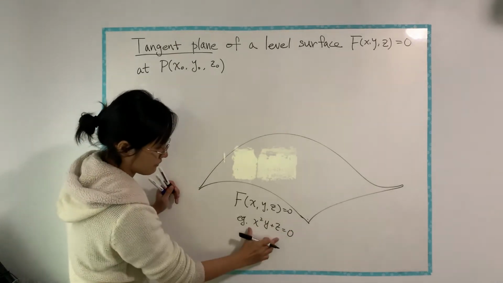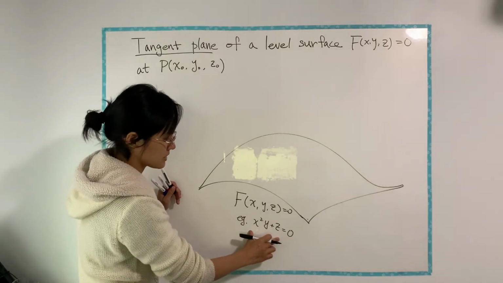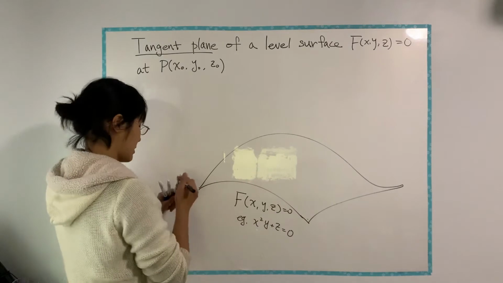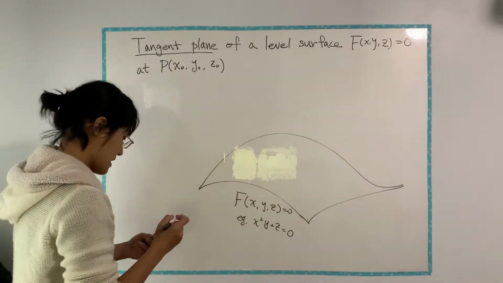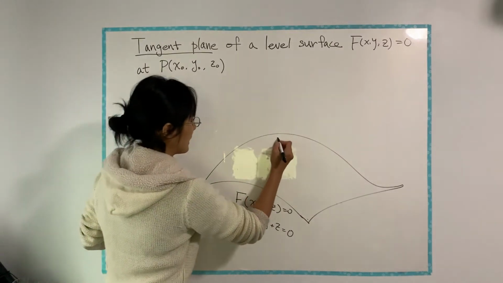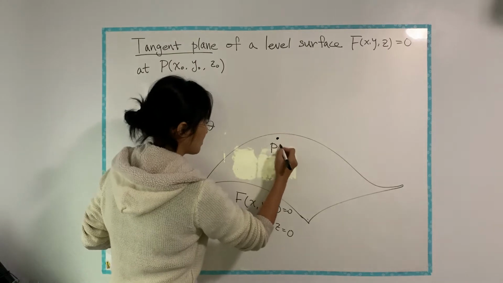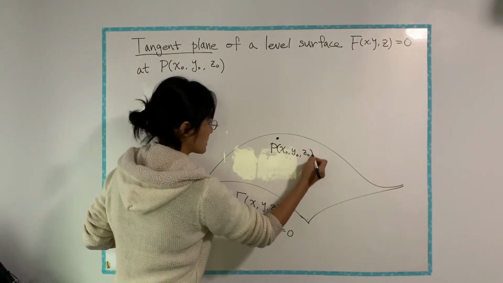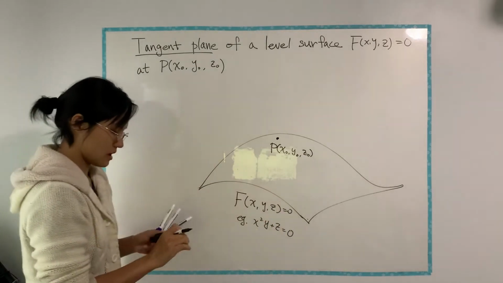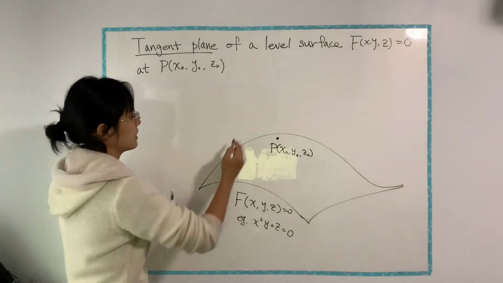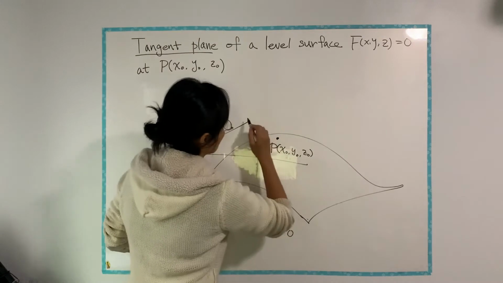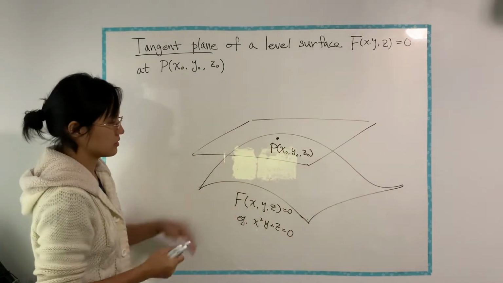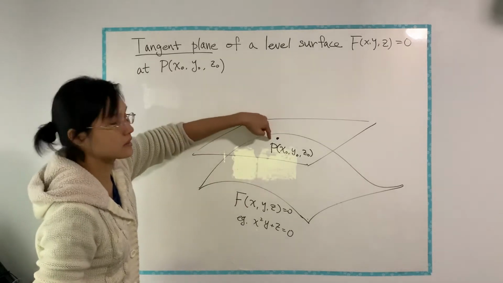A function of x, y, z equals 0 gives you a surface in R3. All right, and let's say now I have a point P of coordinates x0, y0, z0 sitting on the surface. Then I want to know what is the equation of the tangent plane to the surface at this point.